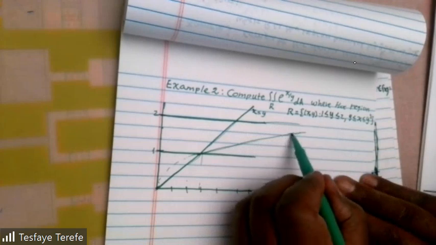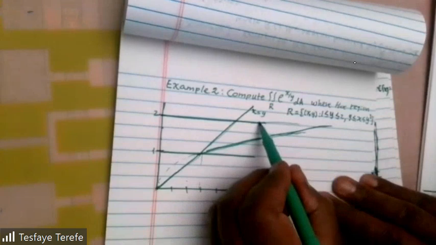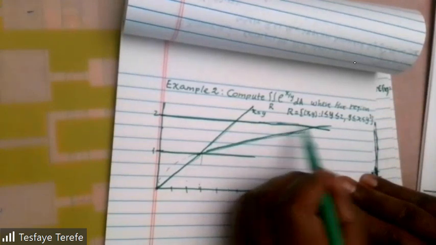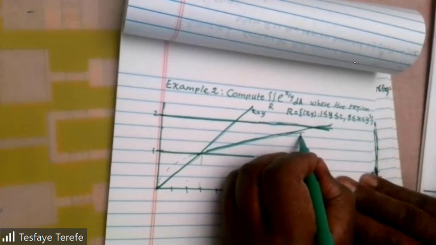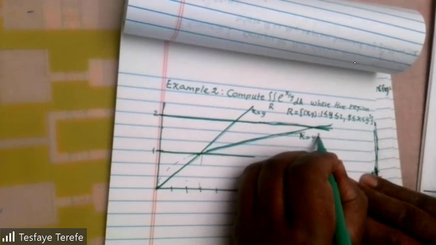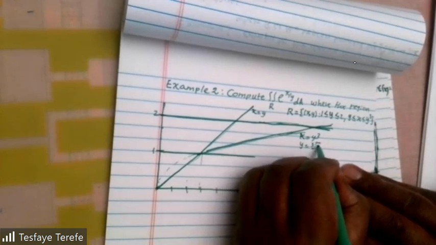And obviously, these two functions have to intersect someplace. Okay, I have this line, x is equal to y cubed, or y is equal to the cube root of x.